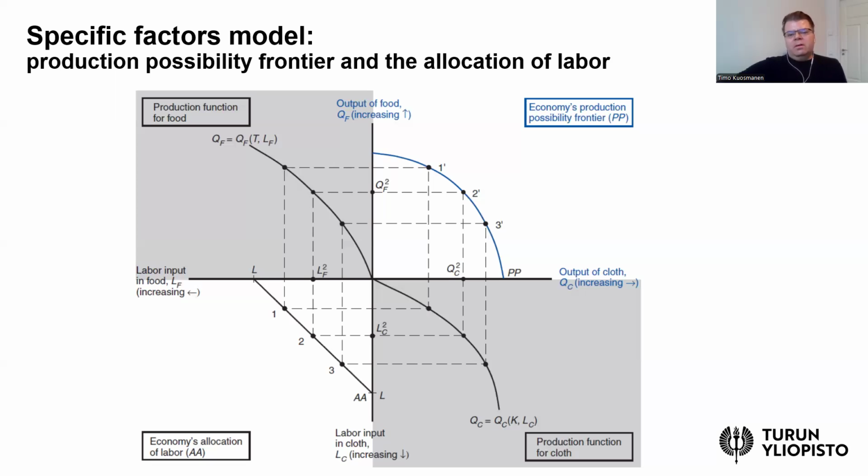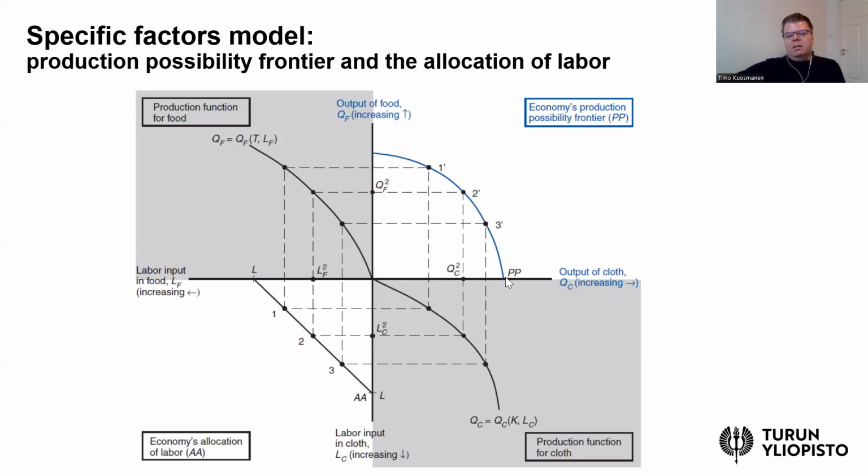Notice now that of course specialization to one specific output is not so useful. Suppose that a country would specialize in clothes production instead and not produce any food, just buy food from the international markets. If all of the labor force is assigned to clothes production, we would be at this point AA, and in terms of the production function, we would really hit this diminishing marginal return. We would be at this point PP in this figure.